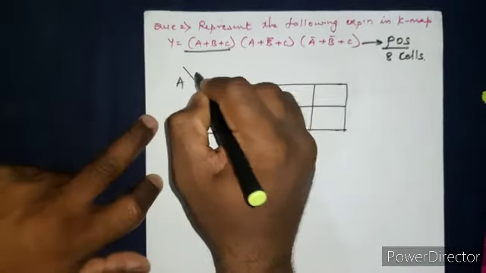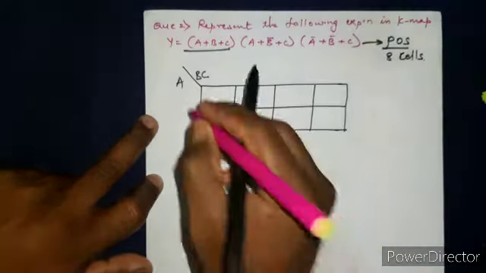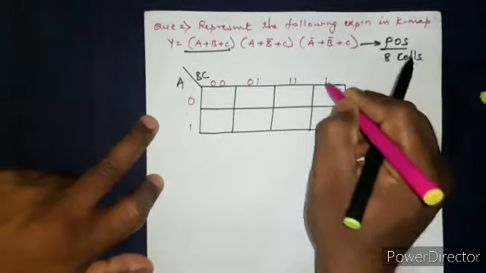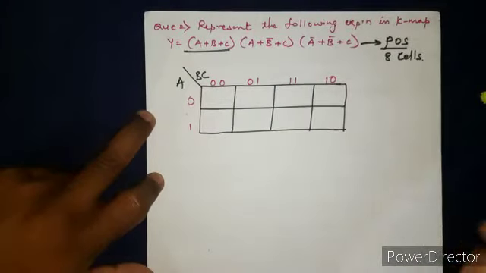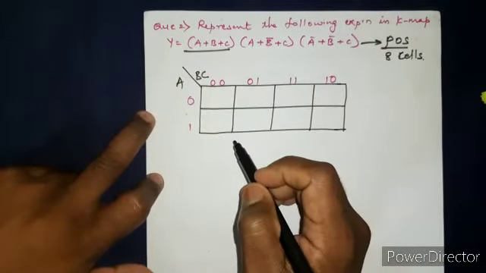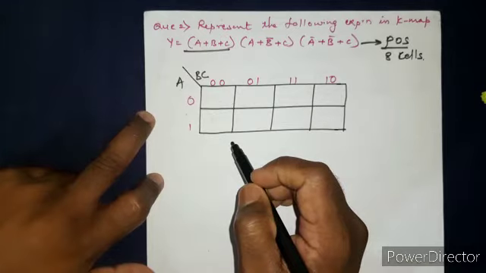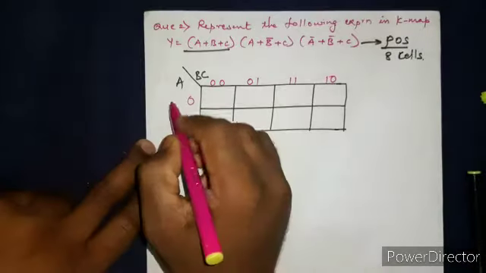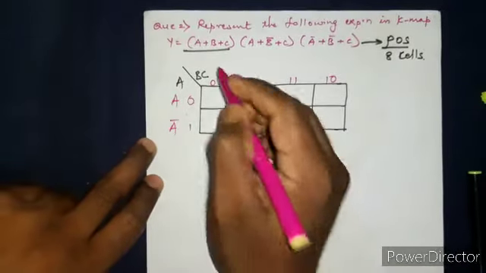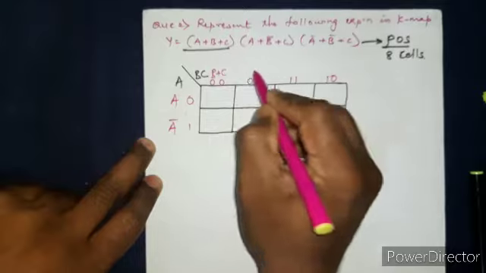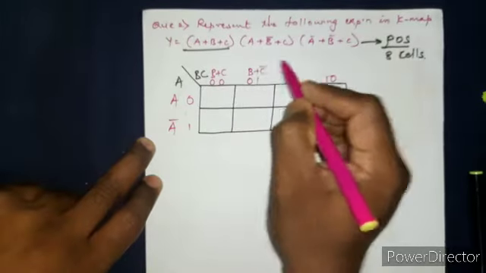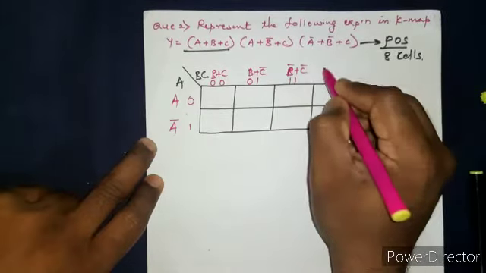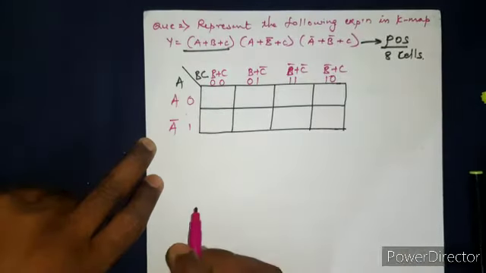You can take A, B, C. This is 0, this is 1, 0, 0, 0, 1, 1, 1, 1, 0. So I can write here, this is A, this is A bar, this is B plus C, this is B plus C bar, this is B bar plus C bar, this is B bar plus C.